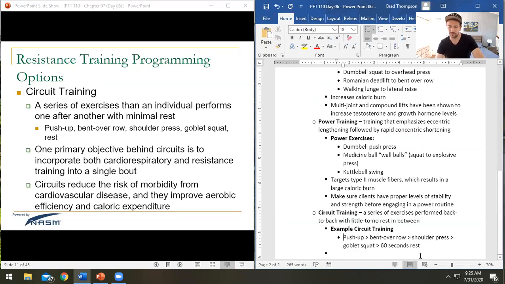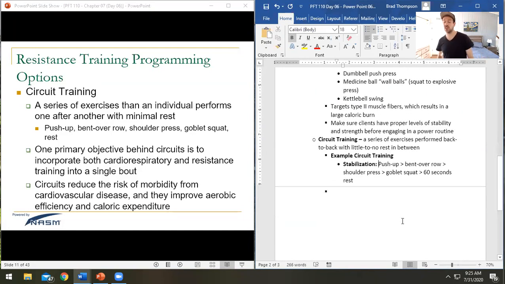You know what? I'm going to make a slight adjustment here. I'm going to make sure the example, let's go, stabilization. Let's do one for each. So here's a really good circuit training style for each of our phases, right? Let's say this is a stabilization client.